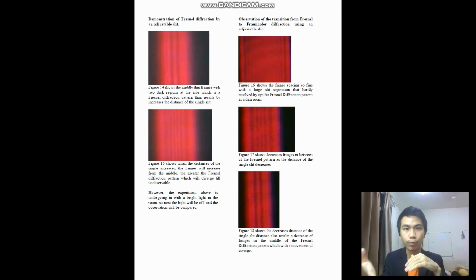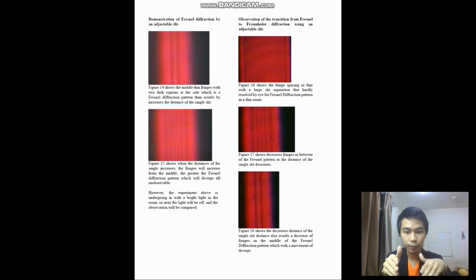Now we start from Fresnel to Fraunhofer diffraction using the adjustable slit. Firstly, it is hard to resolve by eye, since there are a lot of small slit separations in the Fresnel diffraction pattern. In figure 17, when the distance of the single slit decreases, you can see the fringes decrease, and in figure 18 it decreases until there are two dark regions in between.